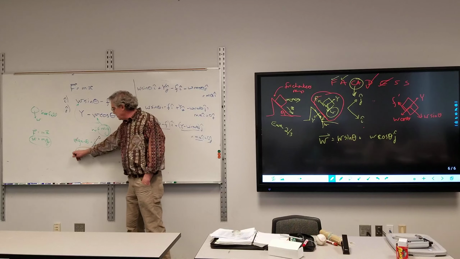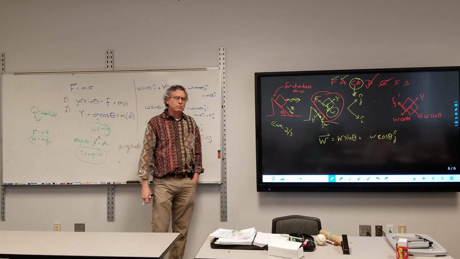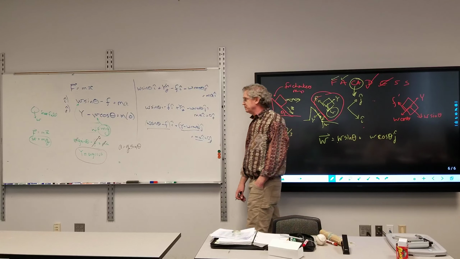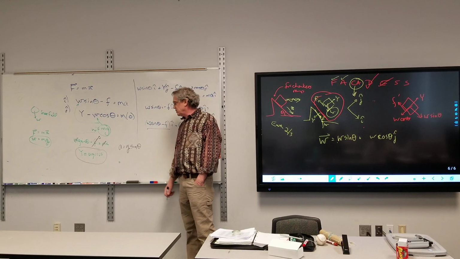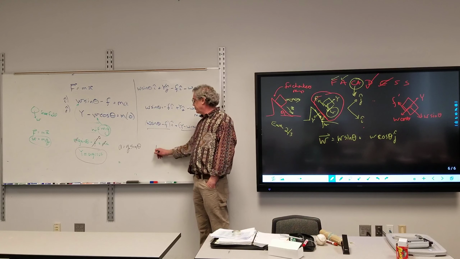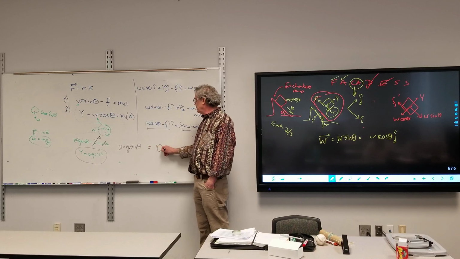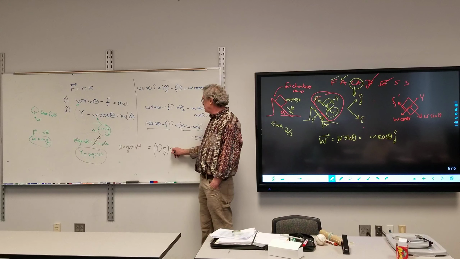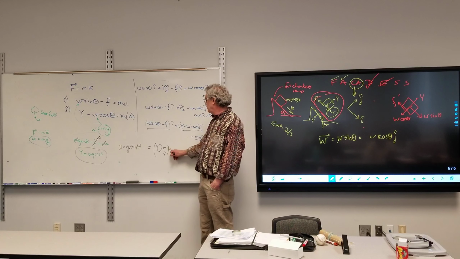This equation right here has no impact yet. When we bring friction into it, it will matter. But a is equal to g sine theta. So if we're on Earth, g is 10 meters per second squared. And let's put the angle at 30 degrees.